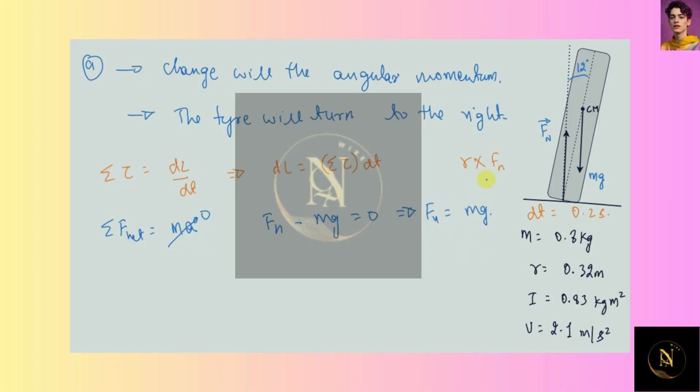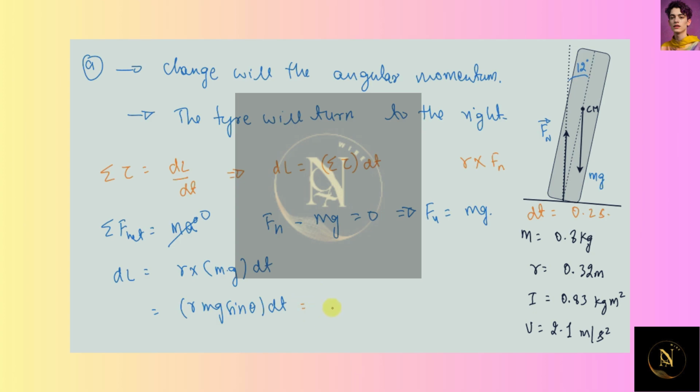Now we can put this value here. So this is dL, this is the net torque, which is r cross F. So r cross Fn, we have mg times dt. Now from the concept of the cross product we can say that r cross mg will be equal to r mg sine theta, and dt as it is. Now we have all the values, we can plug them in to calculate the change in angular momentum.